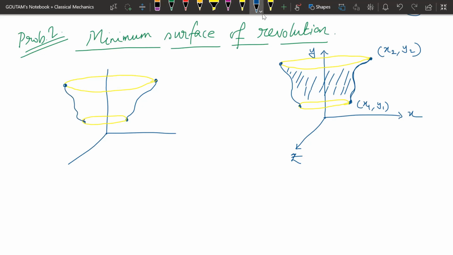These two will be symmetric. The drawing is not clear actually, I'm not very good at drawing. So x1, y1, x2, y2, and let's say at some point this is the area. Here also there will be a kind of area.